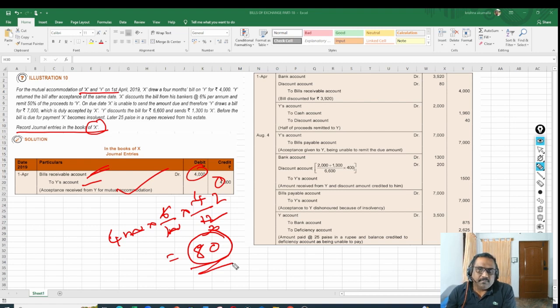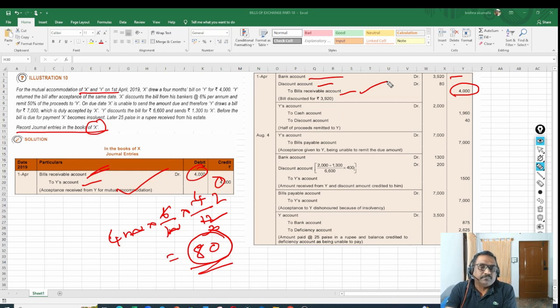So what entry will X write? Bank account debit 3,920 because 80 rupees will go off for discount. So discount is an expenditure for him. He is debiting discount account and crediting bills receivable account with 4,000. Clear so far?